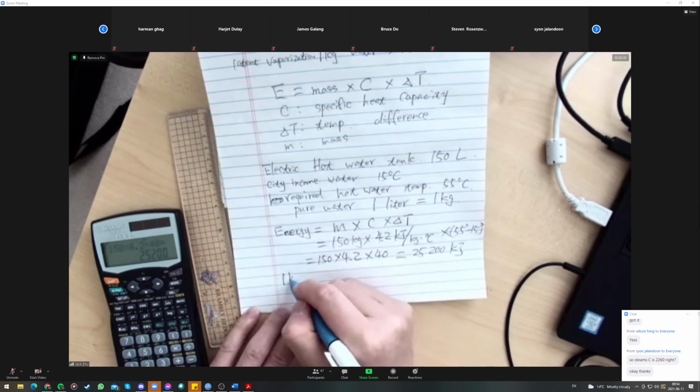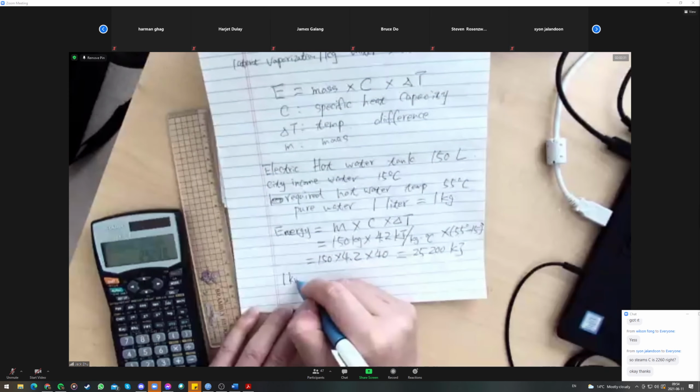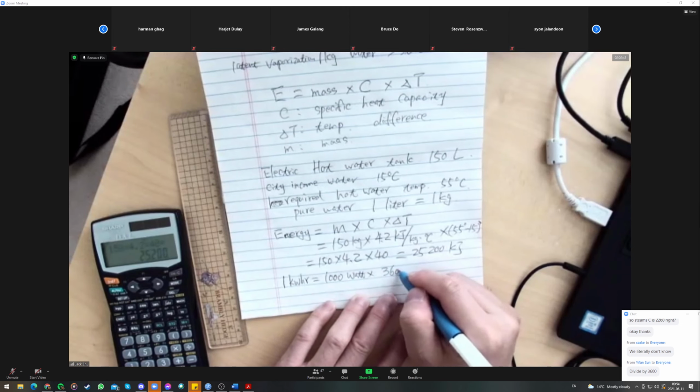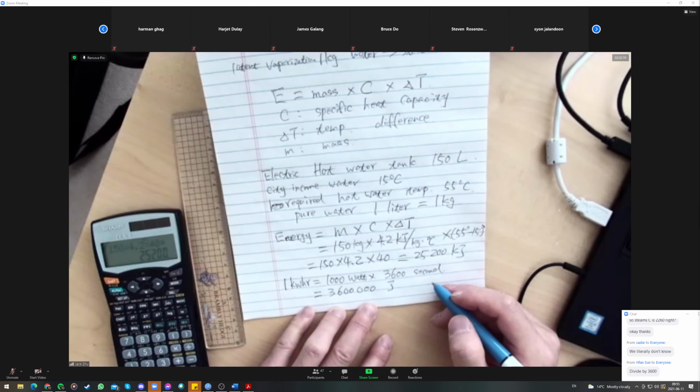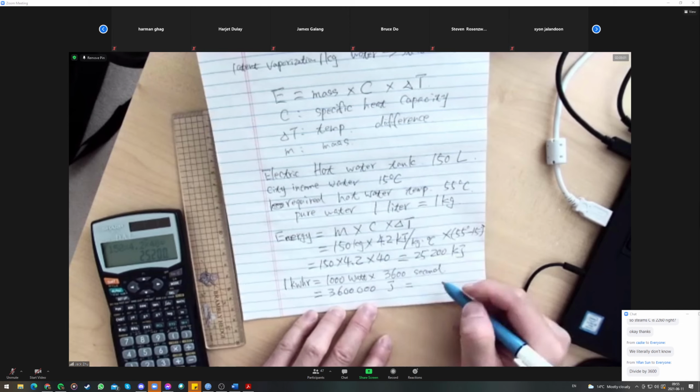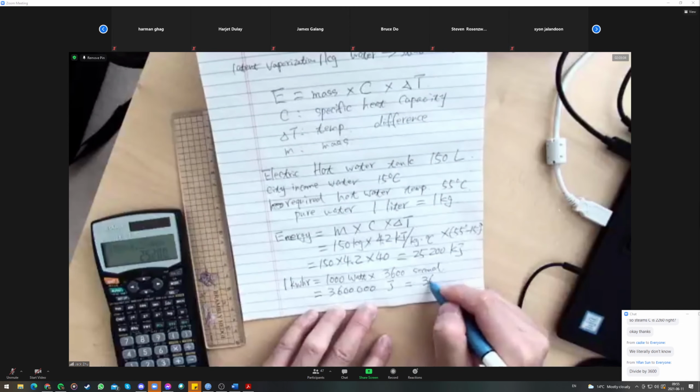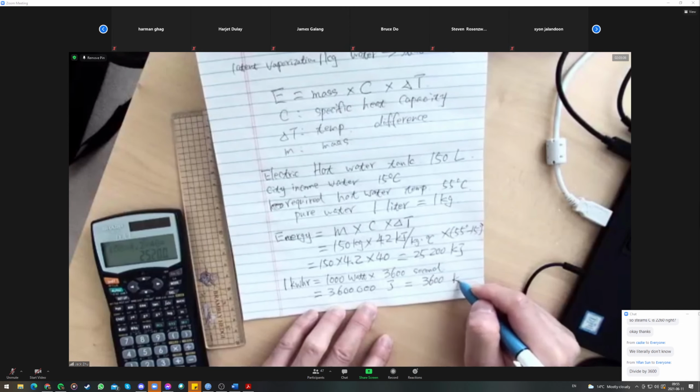Okay, 1 kilowatt hour equals 1,000 watts times an hour, which is 3,600 seconds, right? So that's equal to 3,600,000 joules. That equals 3,600 kilojoules.